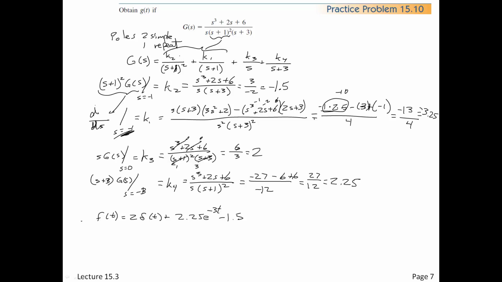Oh, that's the (s plus 1) squared. So, you know, what is that going to be? 1 over (s plus 1) squared. Well, we'll have to look that up in the table, right? And (s plus 1), the quantity squared, that's like an (s plus a), the quantity squared. That's going to be our t e to the minus t in this case.